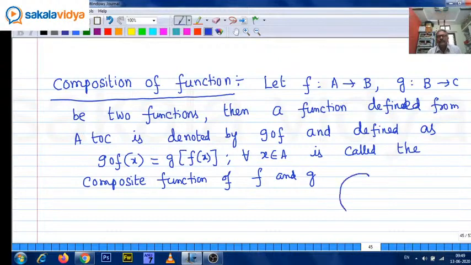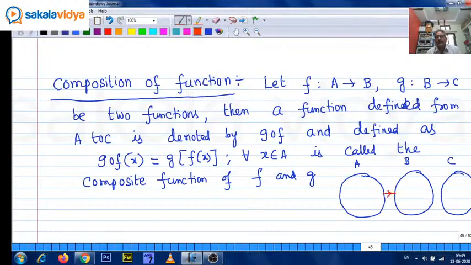Okay, that means actually see, this is A, B, C. Now the function is defined from A to B, this is f function. This is g function. From here to here, this is called the g circle f function, the composite function.